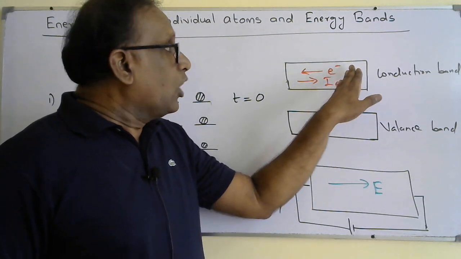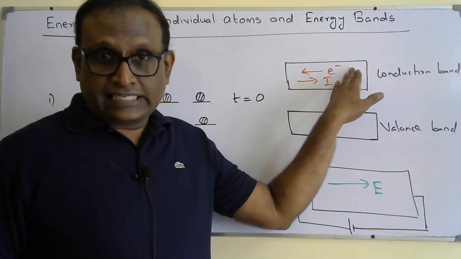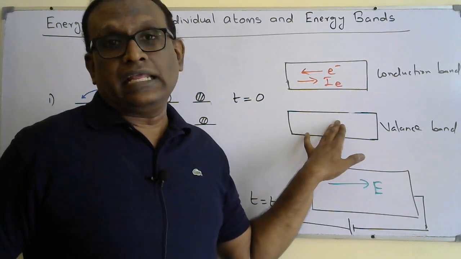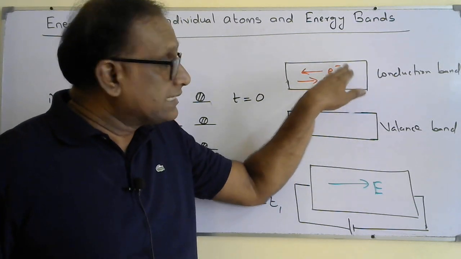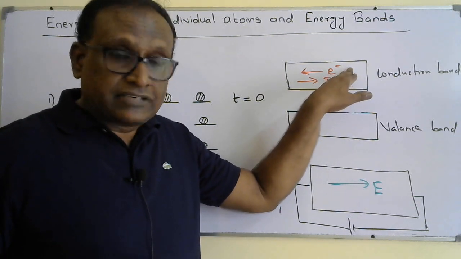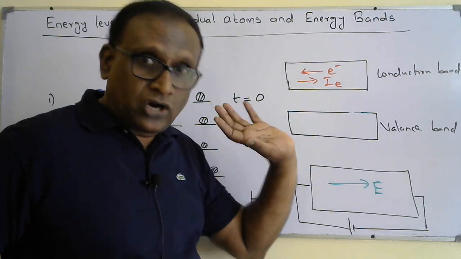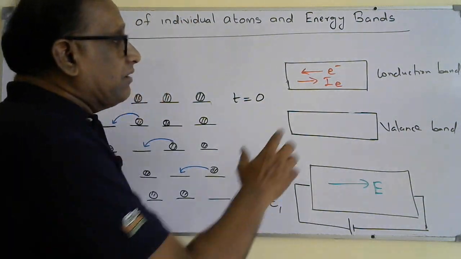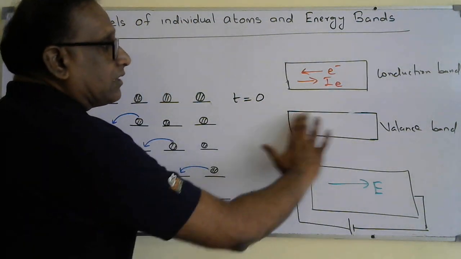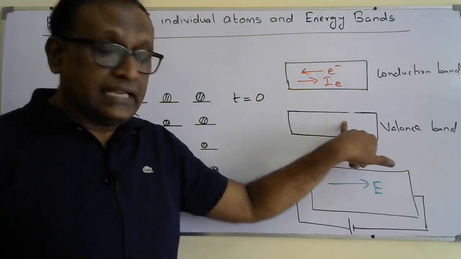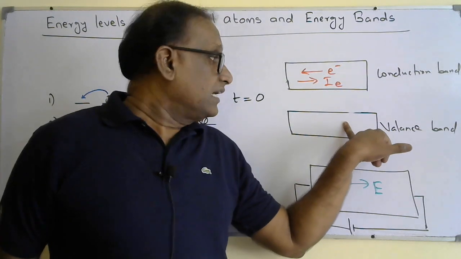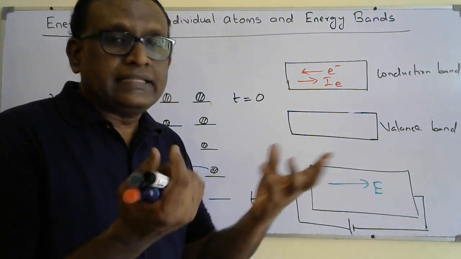So if there are 1 million conduction electrons, there will be 1 million holes in the valence band, because all the electrons in the conduction band are excited from the valence band. I already told that, right? Okay, now we'll think about a hole.